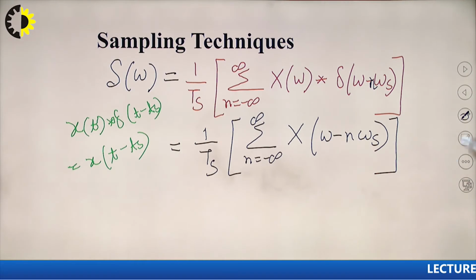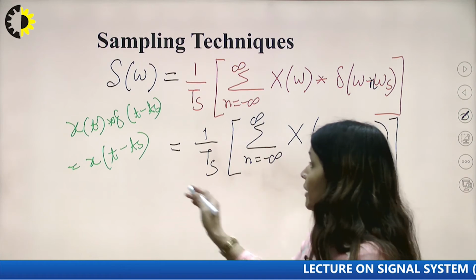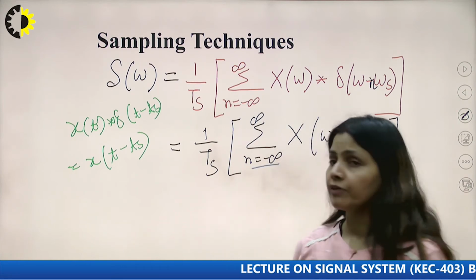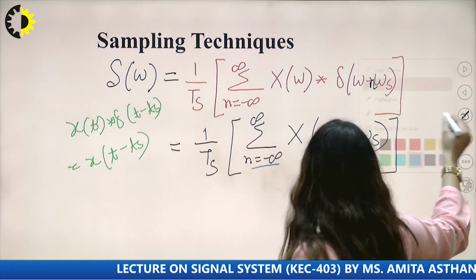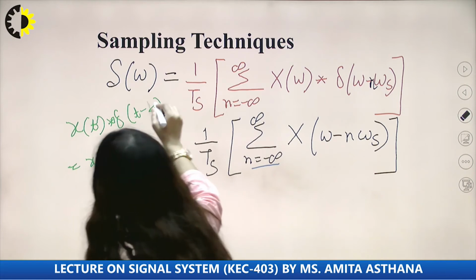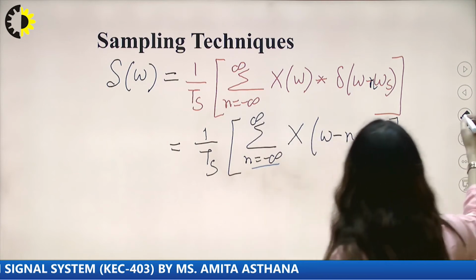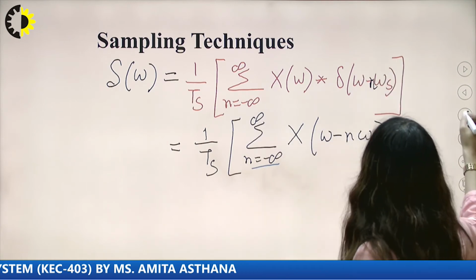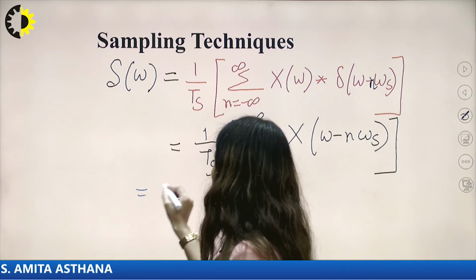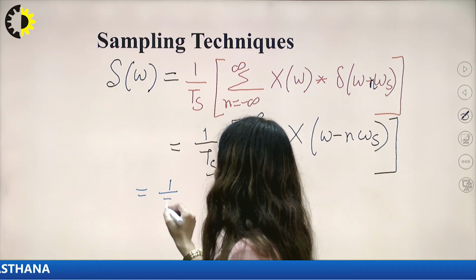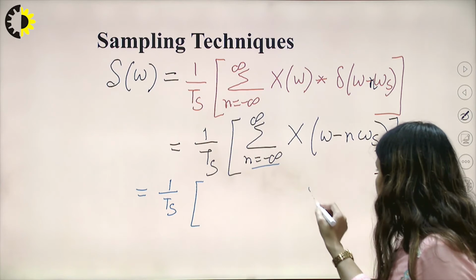Okay, and now next I will expand by putting the value of n, and hence I can get this. Let us remove this property. So what this property is, 1 upon Ts. For n equal to 0, it will be x of omega.